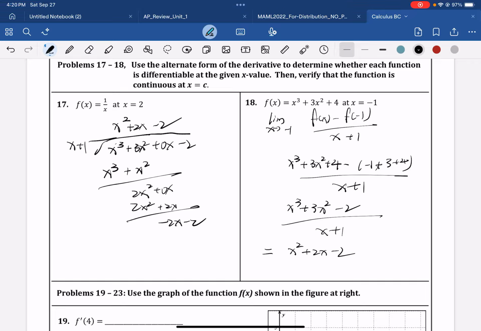Then we plug negative 1 into it: 1 minus 2 minus 2 is negative 3. So the derivative at the point exists, which means that at x equals negative 1 the function is continuous.